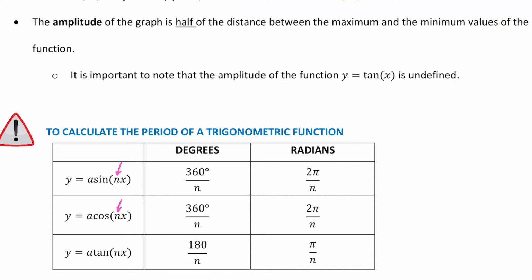So if we divide 360 degrees by n, we'll work out the period of a trig function. With a tan graph, we actually have to divide 180 degrees by n in order to find our period. If we're referring to it in radians mode, here we're going to do 2 pi divided by n for sine and cos, and then for tan, it's just going to be pi divided by n.